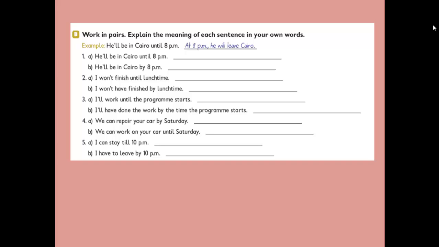Number B, he will be in Cairo by 8 p.m. So sometime before 8 p.m. he will arrive in Cairo. Because here in number B we use by, so the meaning is different from the previous one. The meaning is sometime before 8 p.m. he will arrive in Cairo.